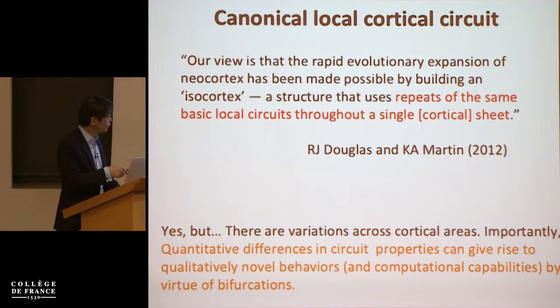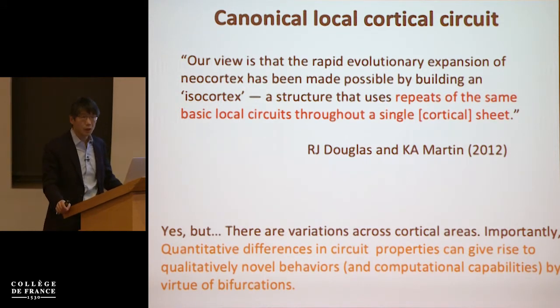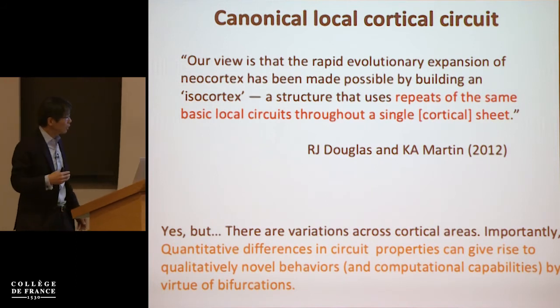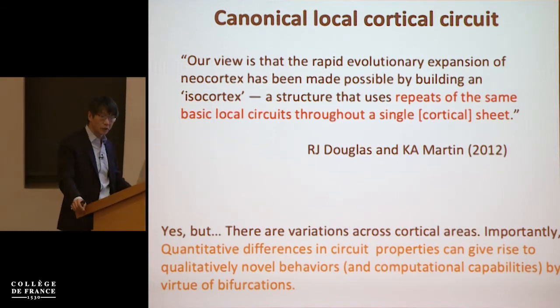What's interesting, and what I'm going to show you, is that if you introduce heterogeneity across areas in a model, then quantitative differences in biological properties that may determine, say, excitation or inhibition will have interesting implications because of nonlinear dynamical systems.